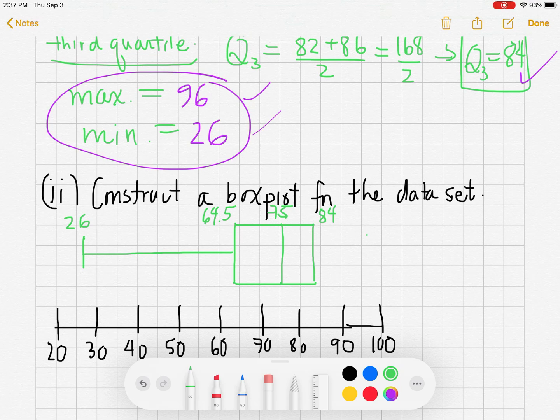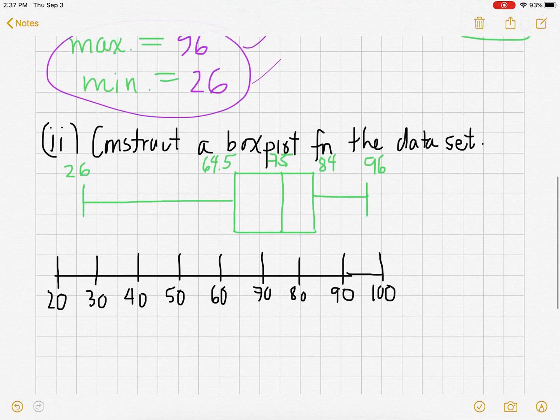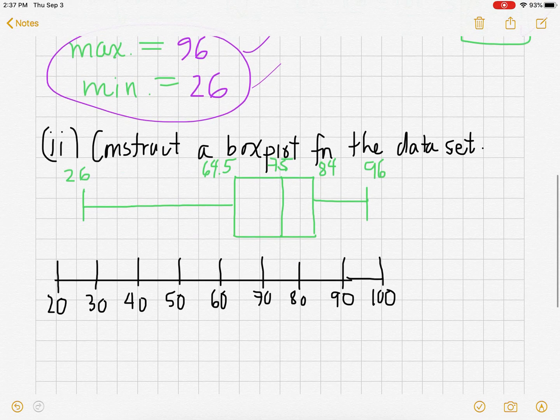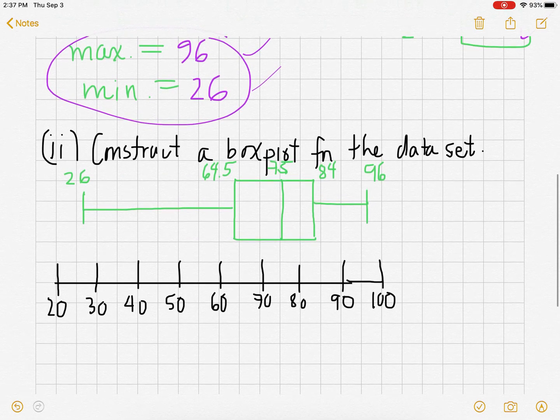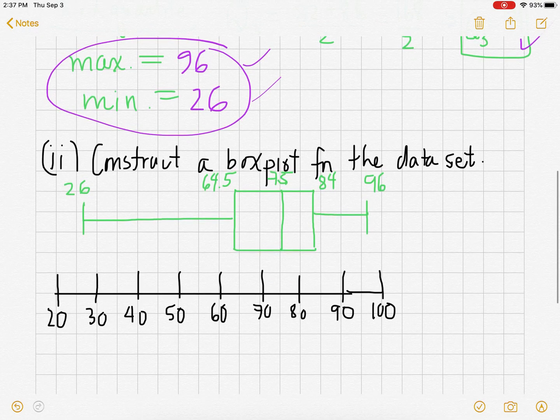So I'll take a vertical bar and do it right here. I'll call that 96. And then I'm going to connect that to my box with a whisker. Well, there we are. There is a box plot. So the box plot is showing the minimum, 26, the first quartile, 64.5, the median, 75, the third quartile, 84.